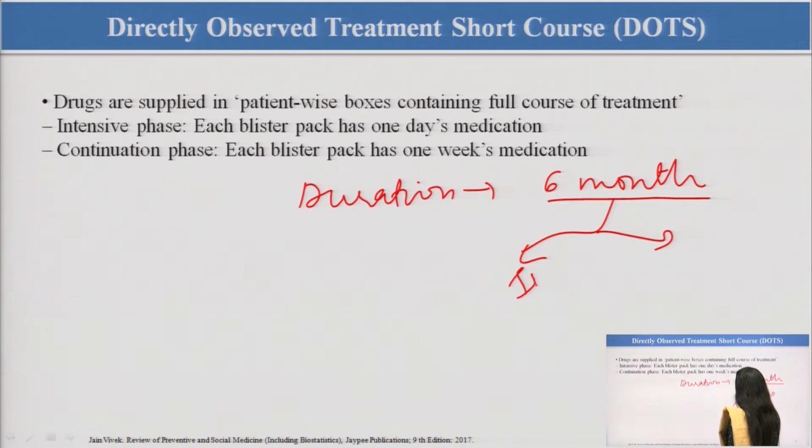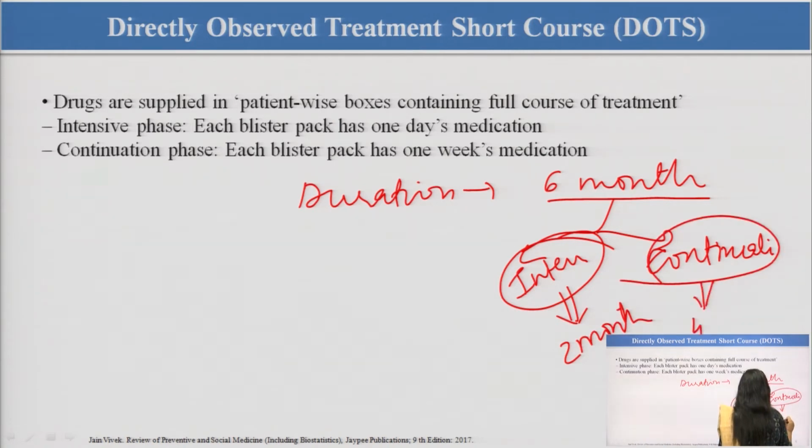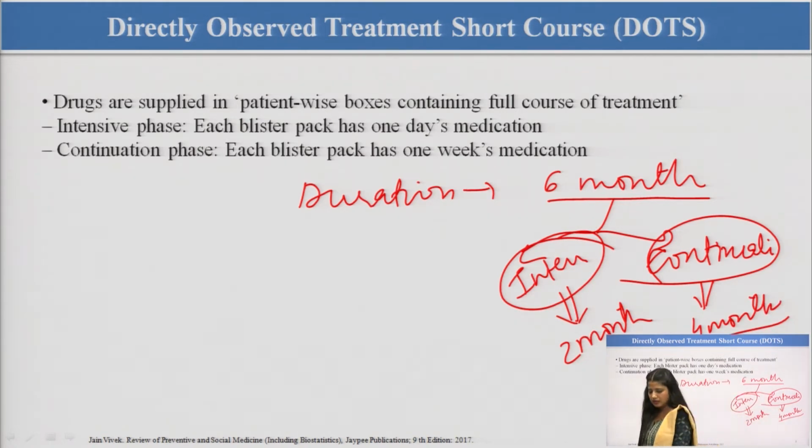One is known as the intensive phase and another is known as the continuation phase. In the intensive phase, we are giving the therapy to the patient for only 2 months. In the continuation phase, the therapy is for 4 months. There are some changes in the drugs as well. So, we will see what the changes are.